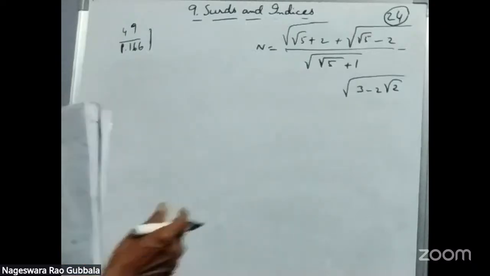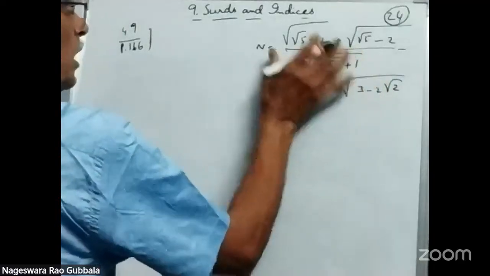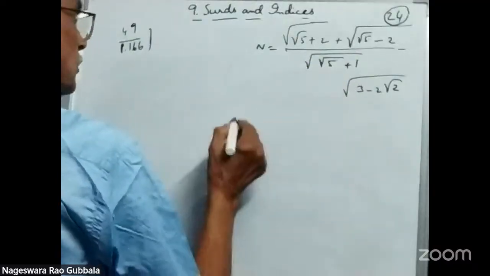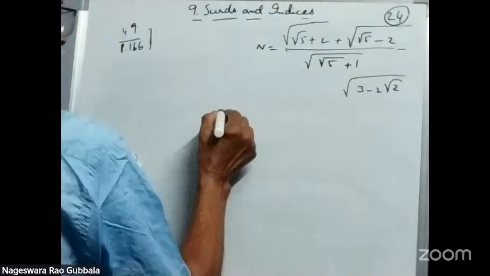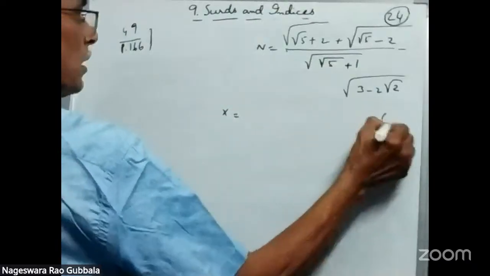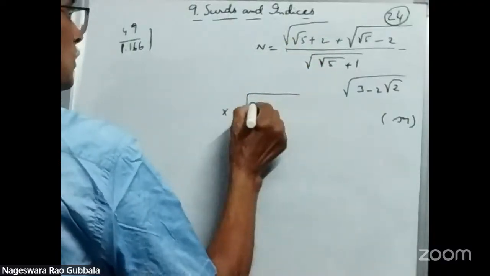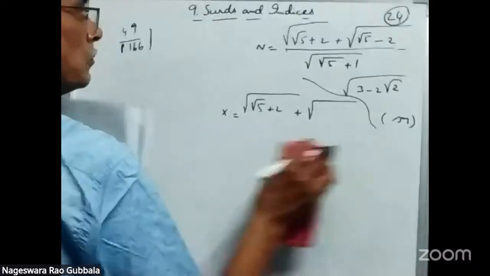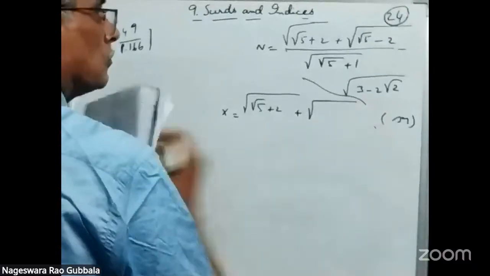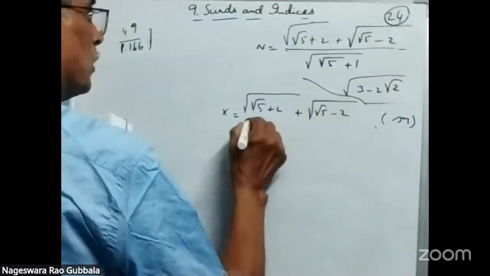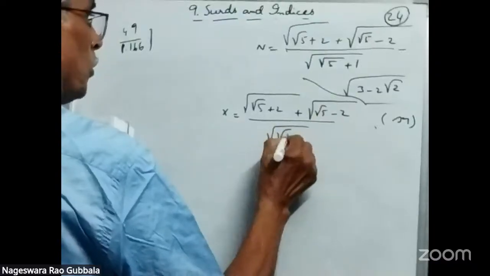For simplification purpose, let us take it separately because this has got numerator and denominator. Afterwards, we can join this. So this can be taken as some x. Say like this, x is taken as this one, root of root 5 plus 2 plus root of root 5 minus 2 by root of root 5 plus 1.